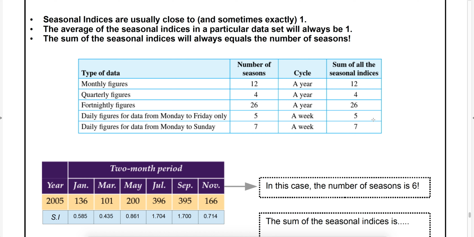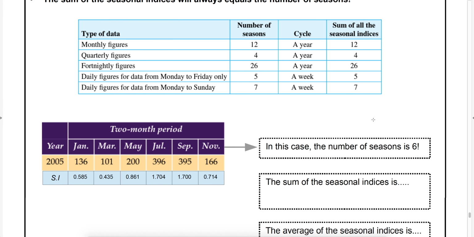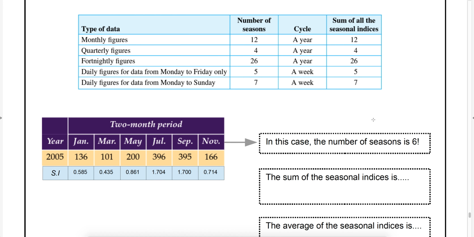The other interesting thing, which links very nicely with the average, is that the sum of the seasonal indices is always going to equal however many seasons you have in a cycle. As an example, if you're working with monthly figures, there are obviously 12 months in a year, so the sum of those seasonal indices will always be 12. Quarterly, which we're going to look at a lot, will always sum to 4.